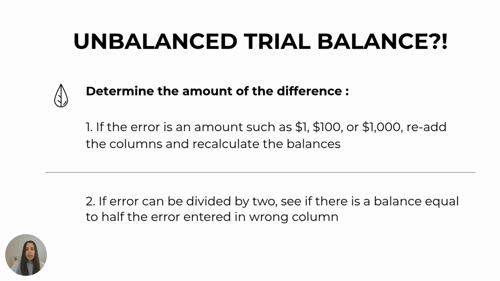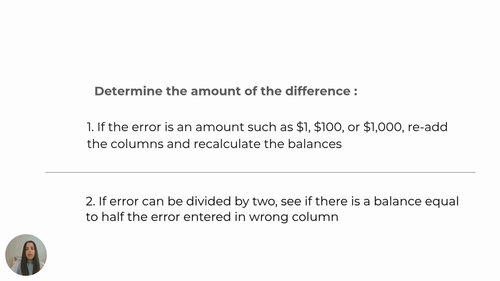There are a few tricks that we can use to help us figure out where the error is located. If the error is an amount such as 1, 10, 100, or 1000, it's most likely an addition error. We would want to re-add all the columns and recalculate the balances. If the error can be divided by 2, we want to check to see if there's a balance equal to half the error entered in the wrong column, so something may have been entered on the wrong side.